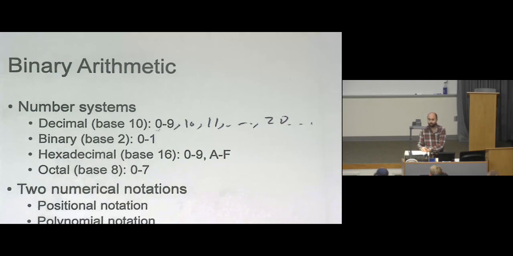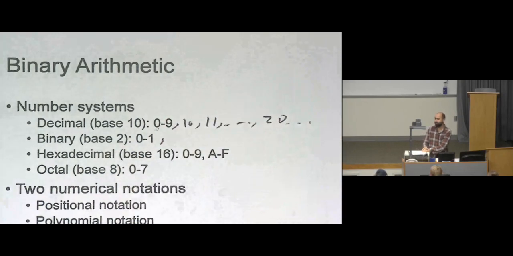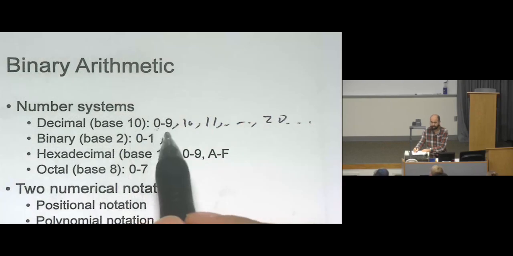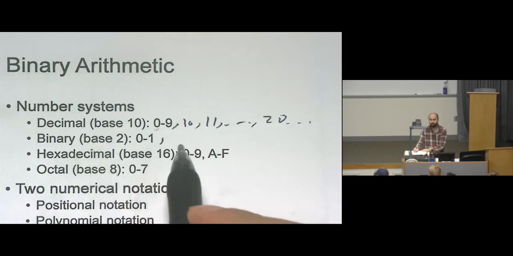We have the binary system. 0 means the switch is off, 1 means the switch is on, like light on, light off. So how can we count using 0 and 1? In decimal, after 9 we go to 10. Here we cannot say 0, 1, 2.